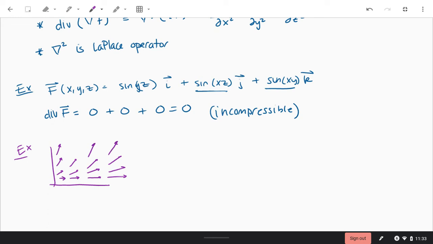Okay, so what I'm trying to do here is that in each column, the width of those arrows is the same. Okay, so if I just look at the X component, it's the same in each column. And if I look at the Y component, how tall it is, it's the same in each row. That's what I was kind of trying to go for there. Okay.